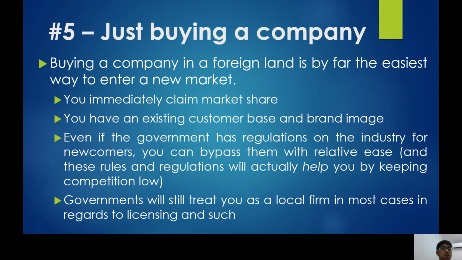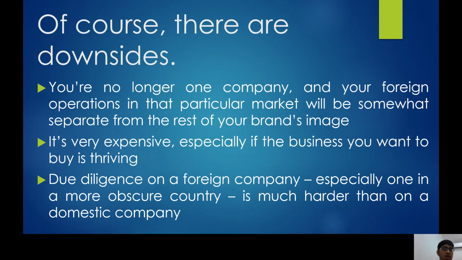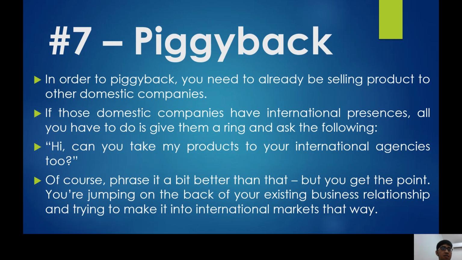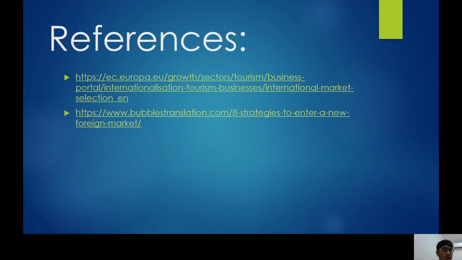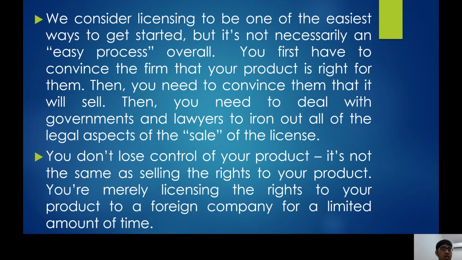Joint ventures, just buying a company, bumili ka doon ng company, then yun na yun. Of course, there are downsides. So those are the similar piggyback licensing. So we consider licensing. So this is the licensing.